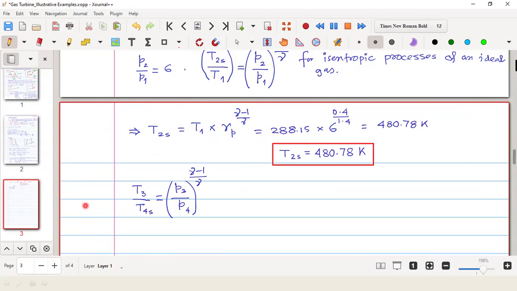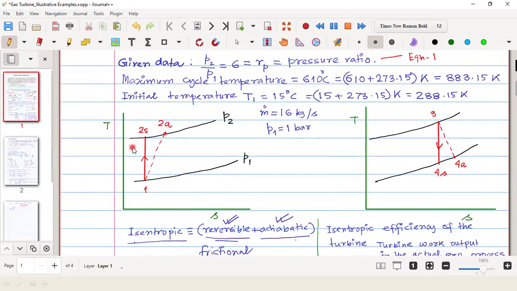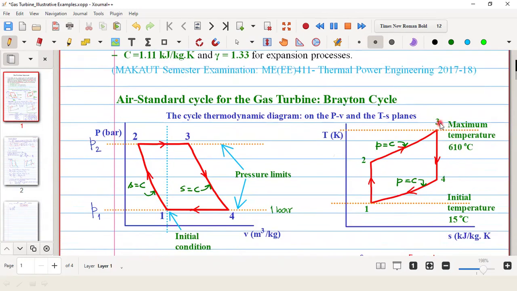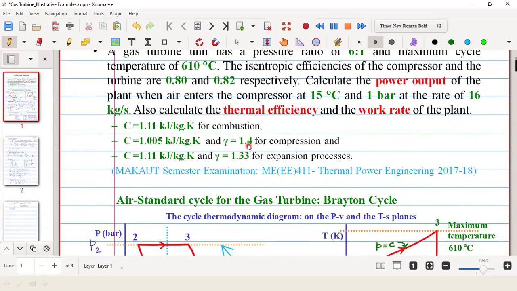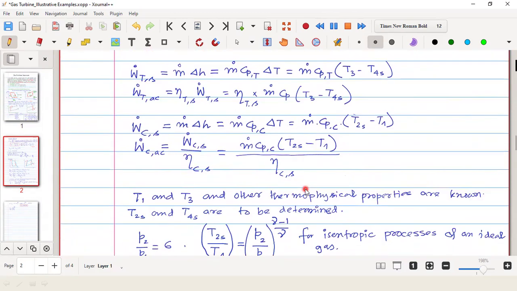Now this gamma is different. This is for expansion in the turbine, and that was given as 1.33. So during this process 3 to 4, it is 1.33. Earlier it was 1.4 for the compression. Now we will use that.